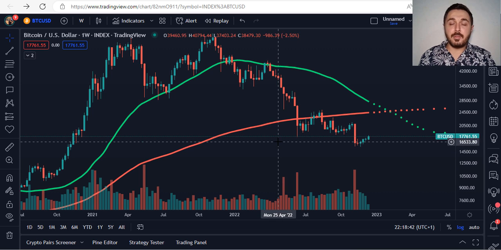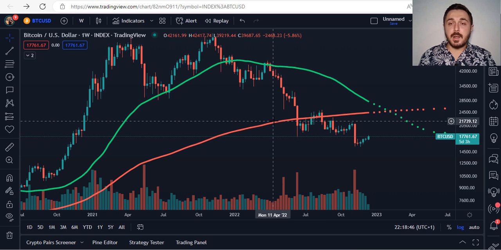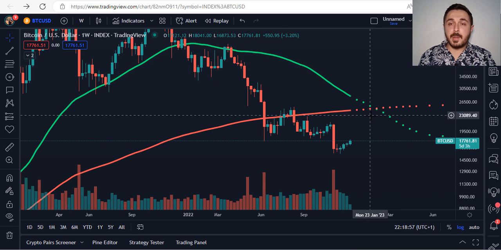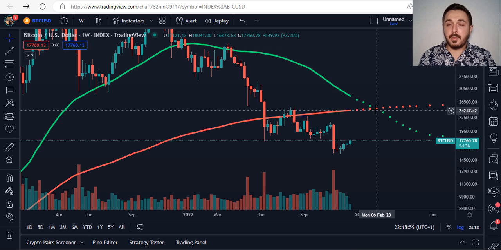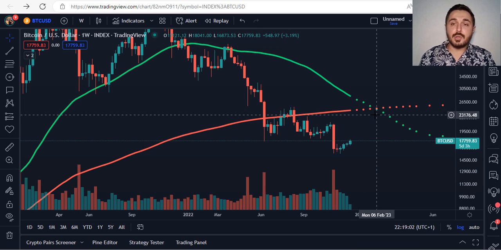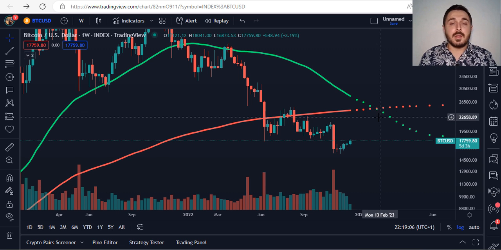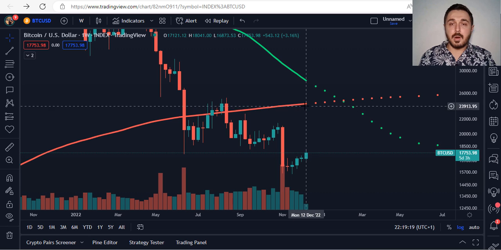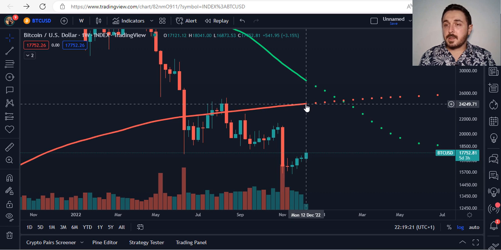The only thing you have to be watching for is this red line. This red line is the 200-week moving average. That's where most probably Bitcoin is going to be met with a lot of resistance. This is going to be the next major target that a lot of people are going to be talking about. Currently this line is at roughly 24k.